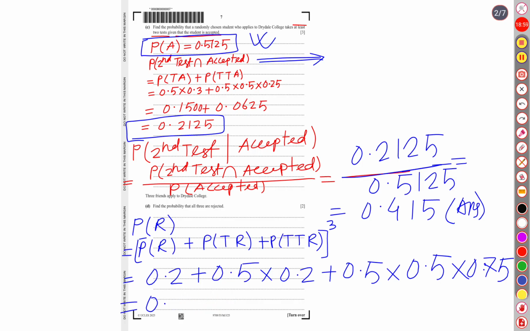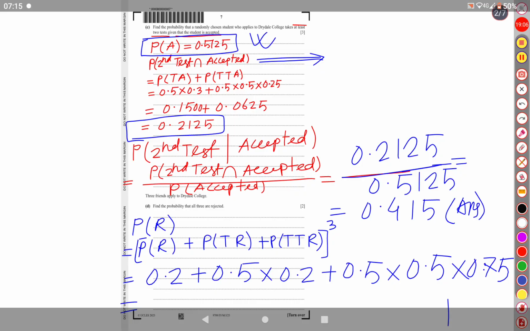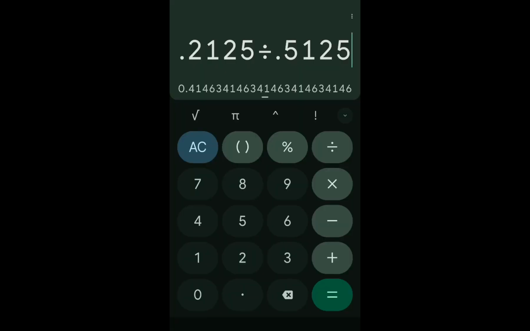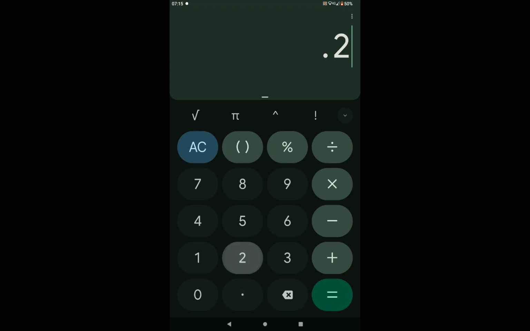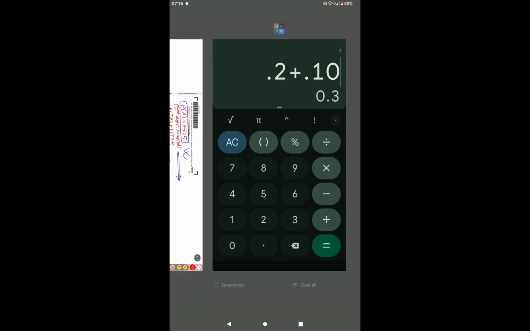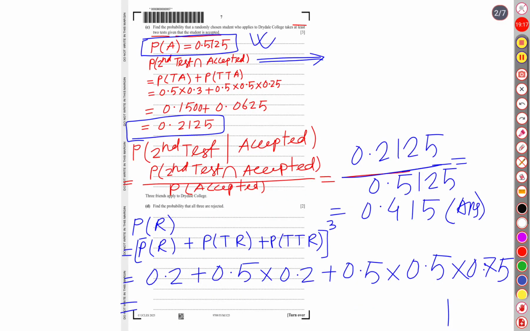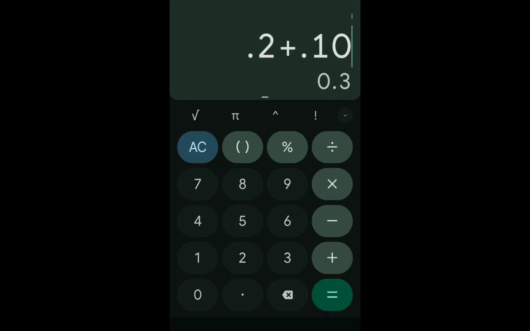So first one was 0.2 plus 0.10, 0.2 plus 0.10, it was 0.25 into 0.75.